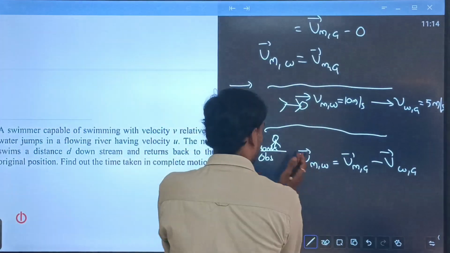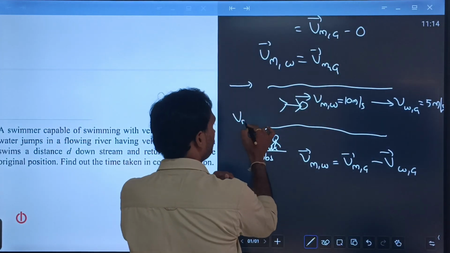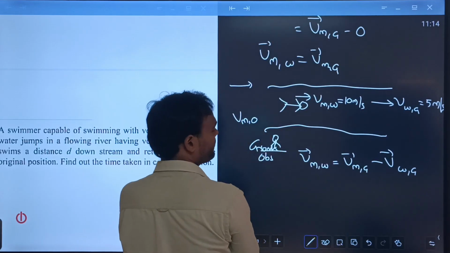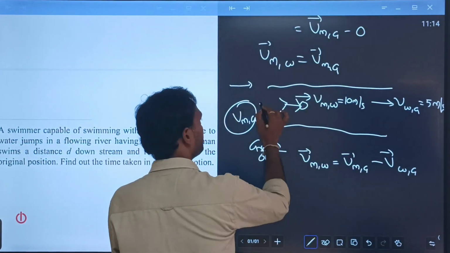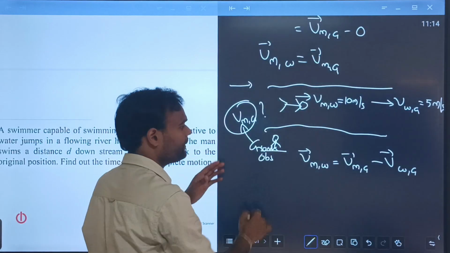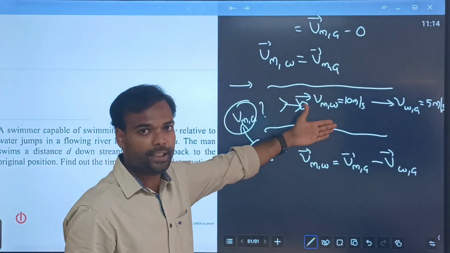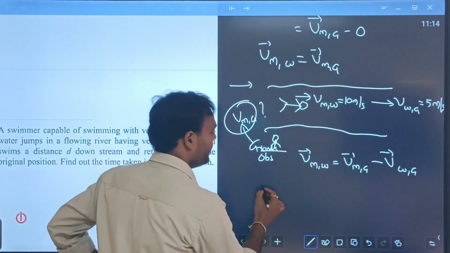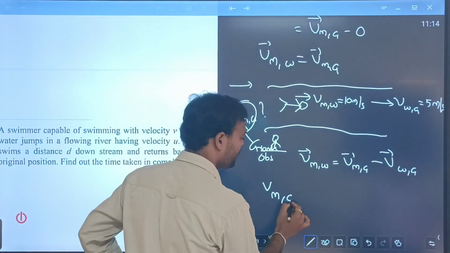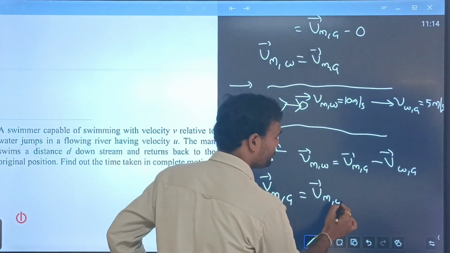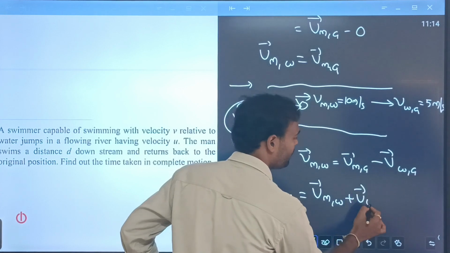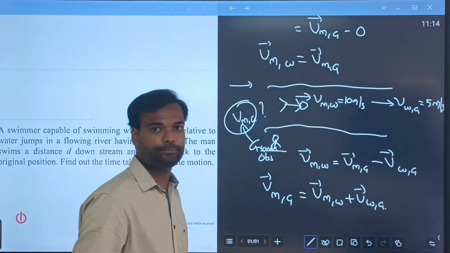Now, they are asking us what will be the man's velocity with respect to the observer, that means with respect to ground. This is what they are asking. That means if he is observed, how much would be the velocity? Clear? Now, velocity of man with respect to ground is equal to velocity of man with respect to water plus velocity of water with respect to ground.